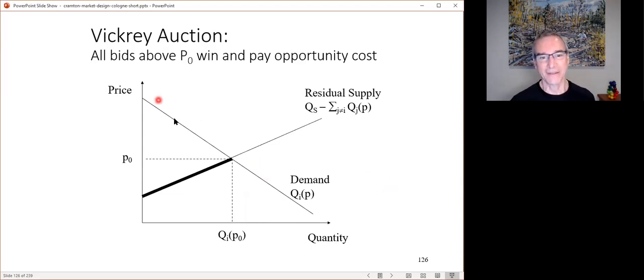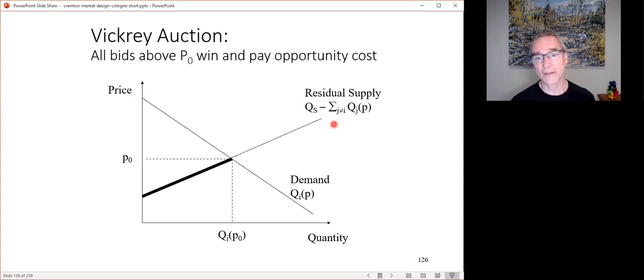And we need to do that because we're going to be crossing to find the clearing price. You can find the clearing price the same way, where the aggregate demand curve crosses the supply curve. But in order to determine the pricing, we need to cross the individual demand curve with what's called the residual supply curve, which is the supply curve that we had before, minus the demands of all the others.